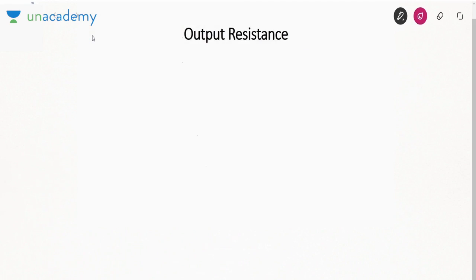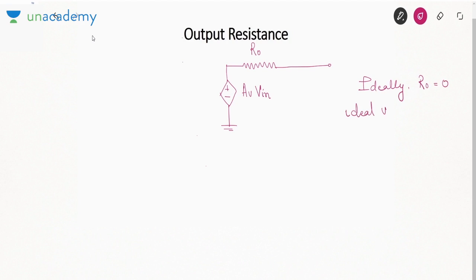Next is your output resistance. Output resistance we show on the output side when we are showing a dependent source. Just now I showed you the network. The resistance in series with the dependent source is your R0. Ideally, this R0 is 0, because when we are talking about an ideal voltage source, the resistance of the source is 0.